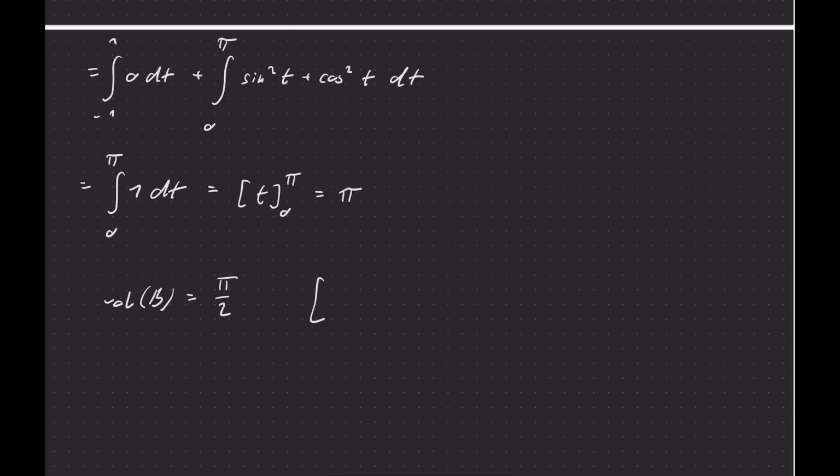And if you remember, hopefully you remember, the area of a disk with radius r is r squared pi. Radius is 1 in this case, so here we get pi, and that means the half disk has an area of pi over 2. So from what you know about geometry, this is easily verified.